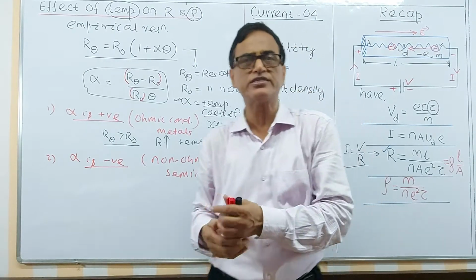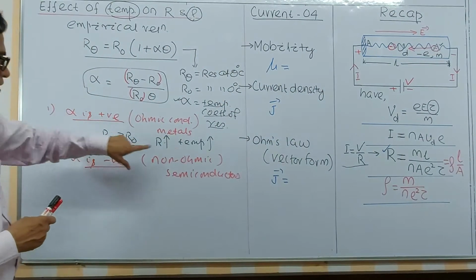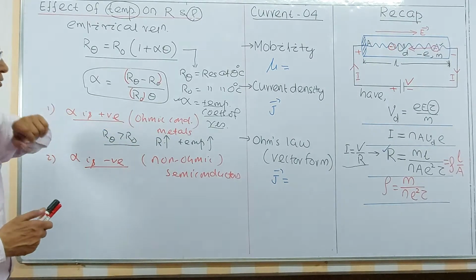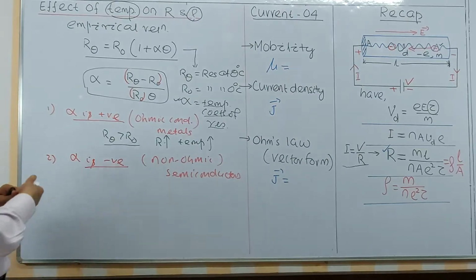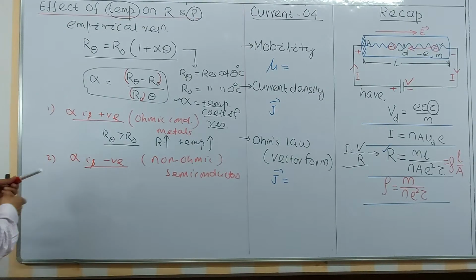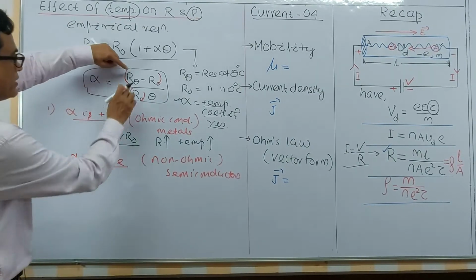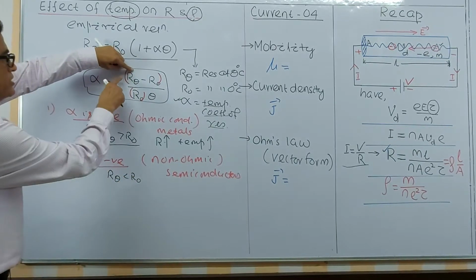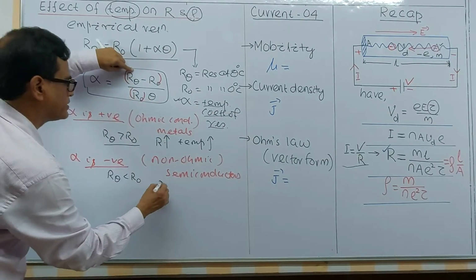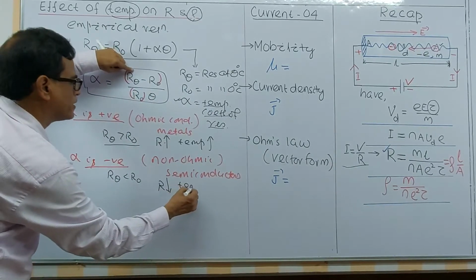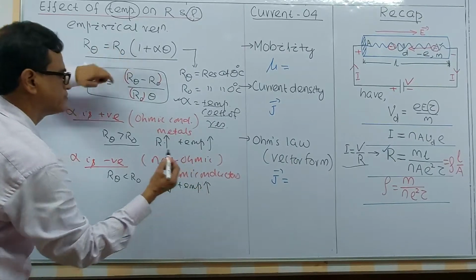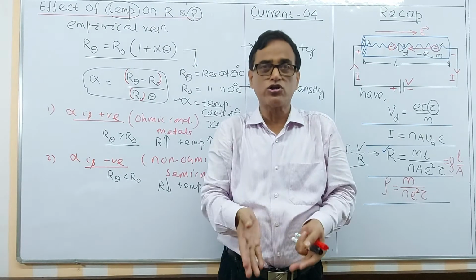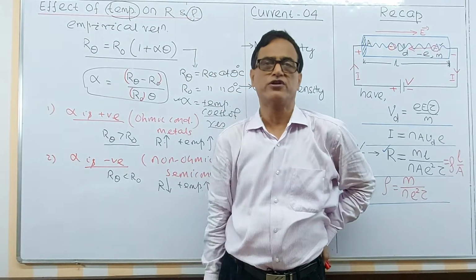But the reverse happens in metals: when temperature increases, resistance increases in case of metals or conductors, which satisfy Ohm's law, so alpha is positive. For negative alpha, R theta is less than R0, meaning resistance decreases when temperature increases, so conductance increases. That happens in semiconductors.